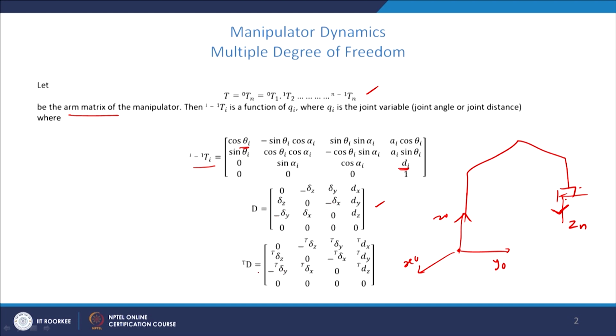And here d superscript t represents the translational and rotational velocity with respect to its own current frame, the t frame itself. In the Jacobian lecture we have seen the relation between d and dt through the arm matrix.